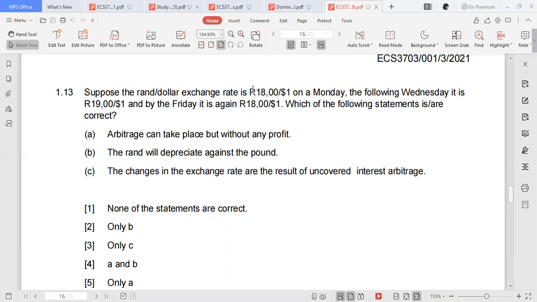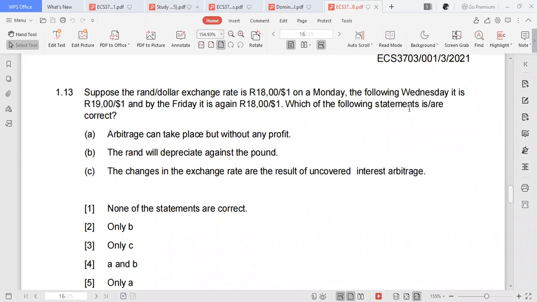We just take a look at it vice versa. On Wednesday, it is 19 rand per dollar. And by Friday, it is again 18 rand per dollar.